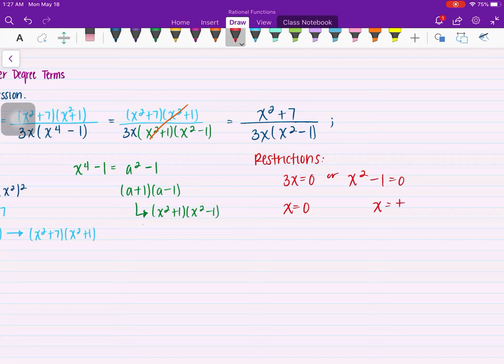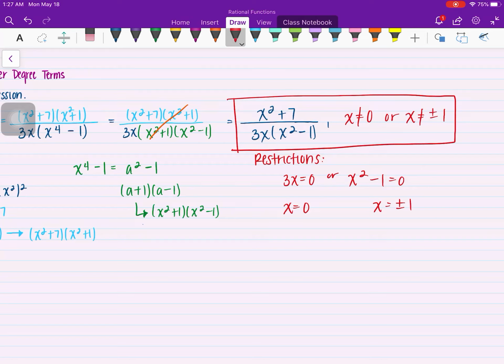So in this case, x equals 0, and x would equal plus or minus 1. So basically the restrictions for x in this case would be that x cannot equal 0, and x cannot equal plus or minus 1. And that would basically be our final answer.